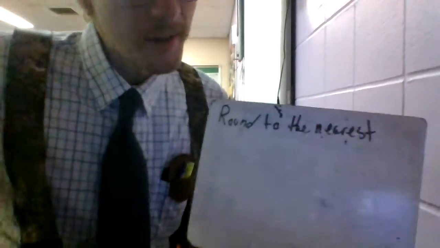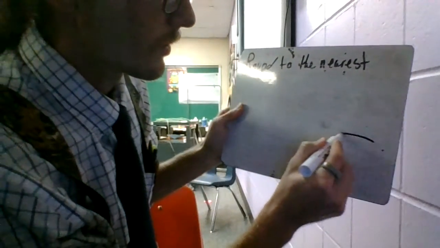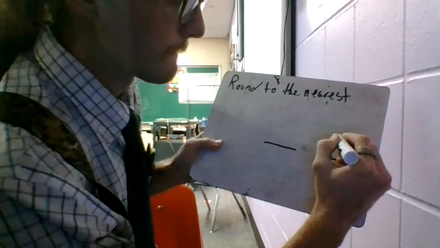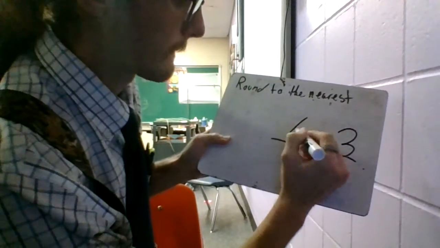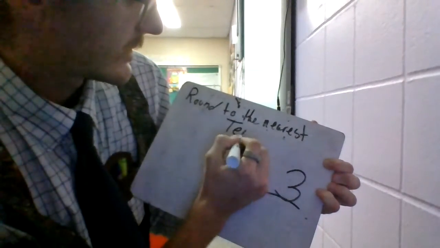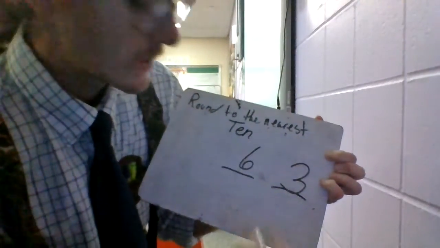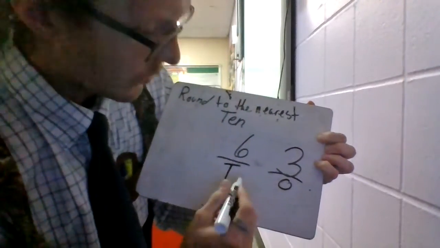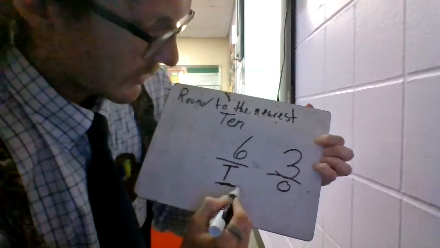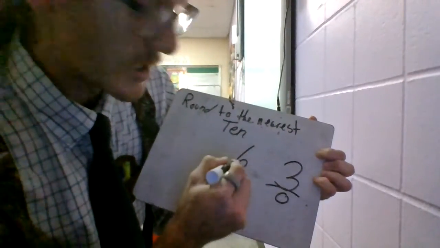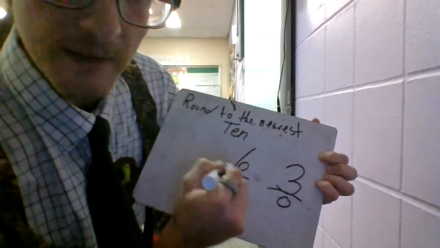I shouldn't have erased up there, but I did. We're going to do a real simple one. We're going to round this to the nearest 10. Which means we have our ones and our tens. We're going to be looking at this one. It is the star of our show. We want to know if this is going to change or if this is going to stay the same.